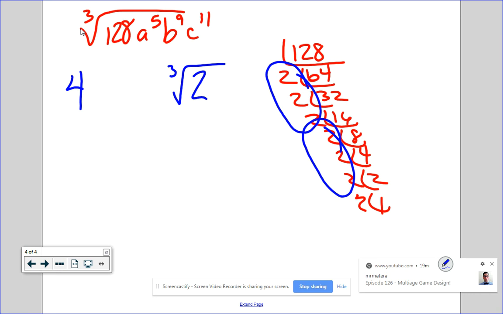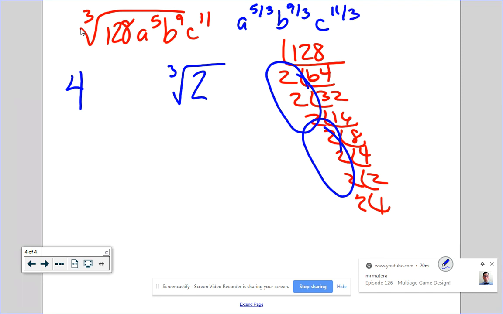I have to bring out the variables now. So we've done the number. Now we got to work with the variables. If I do what we just did a little bit ago, this becomes a to the 5/3, b to the 9/3, c to the 11/3.